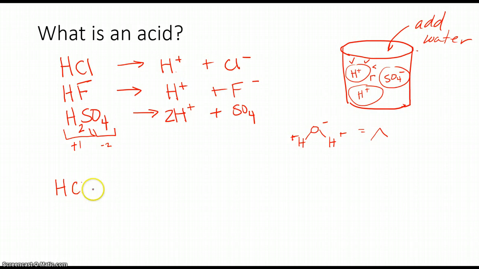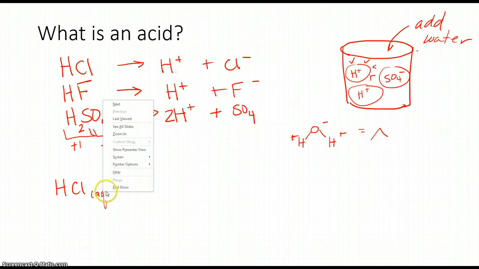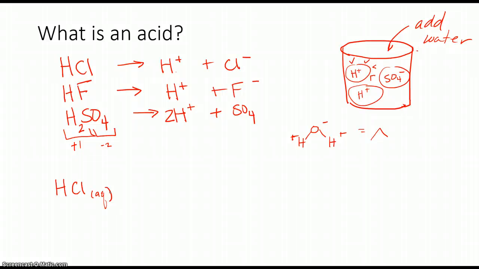And the reason is that here we have our hydrochloric acid. We're going to write it so that it looks something like this. So we say plus H2O.